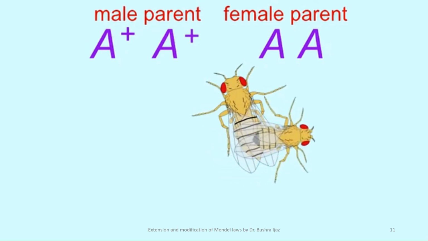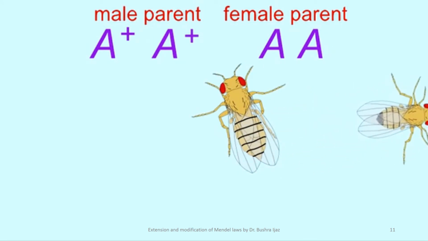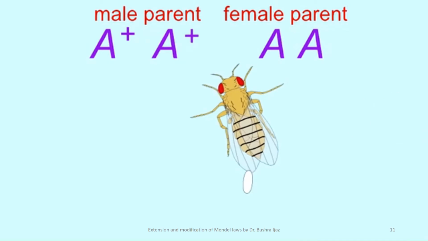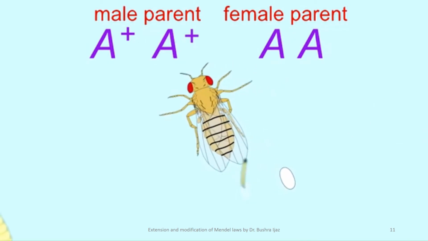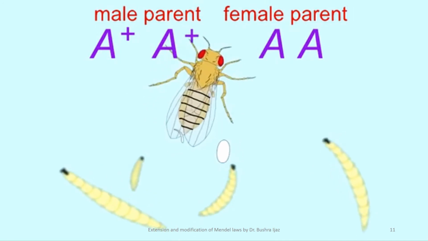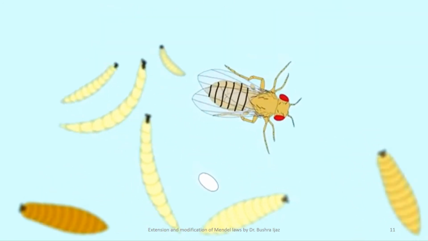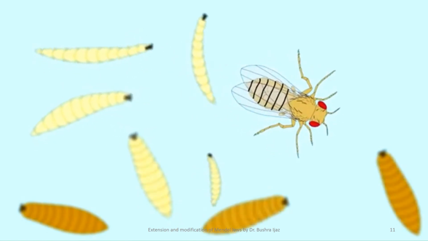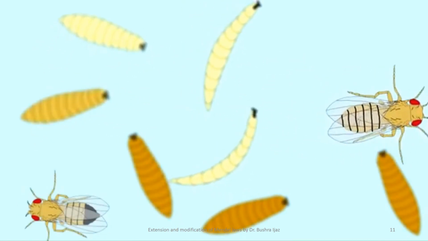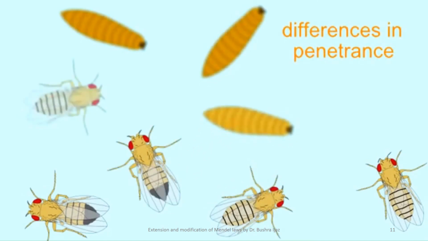First, some of the flies of the F1 generation possess the Antennapedia trait, and others do not and are wild type. Thus, this mutation is not fully penetrant, because flies with the same genotype may not express the same phenotype. Secondly, the Antennapedia trait can be expressed to varying degrees.